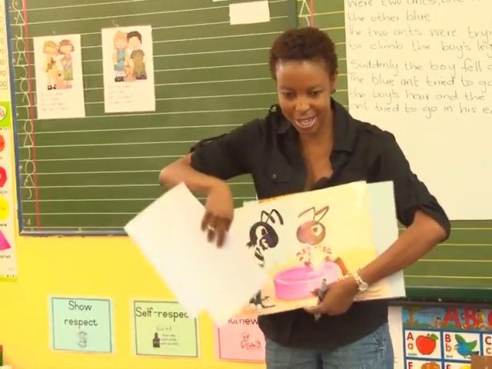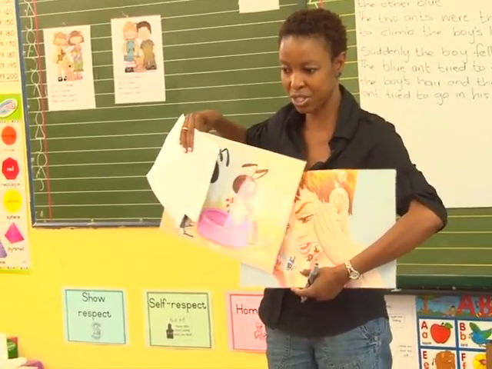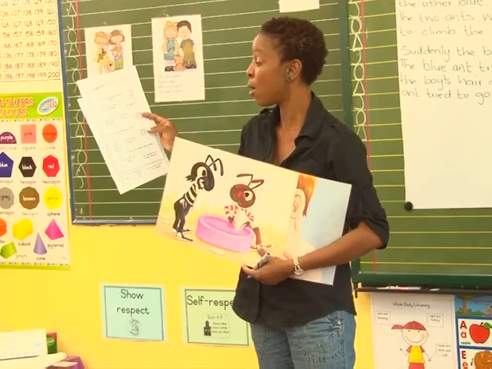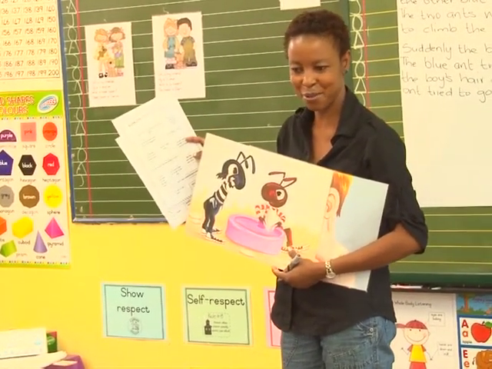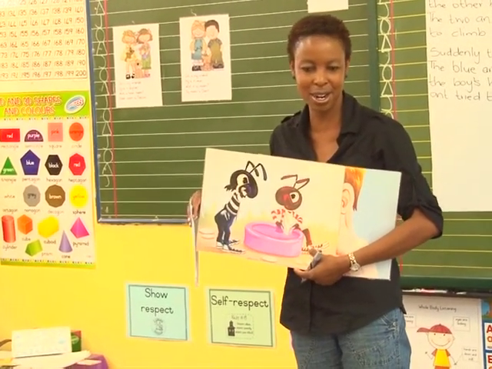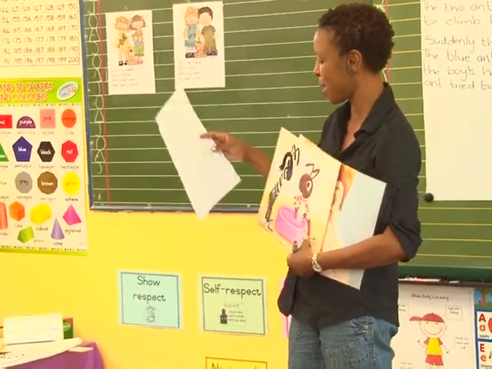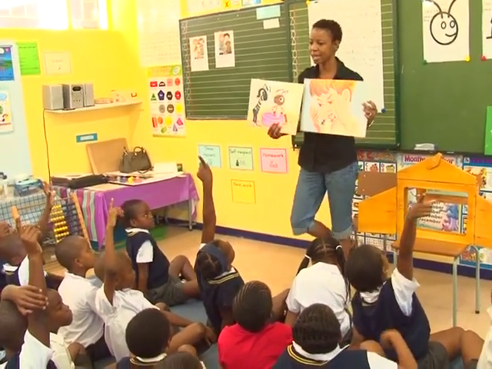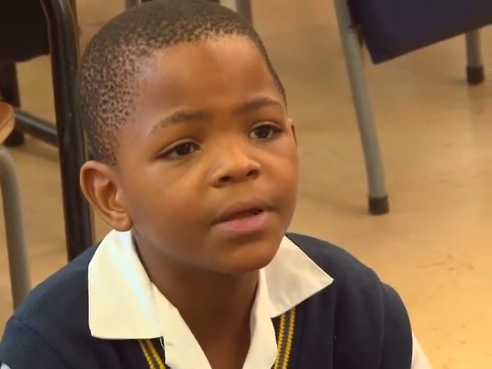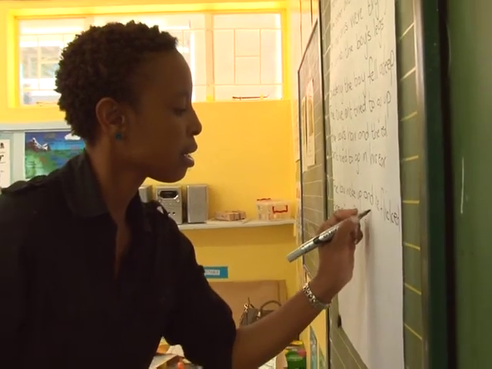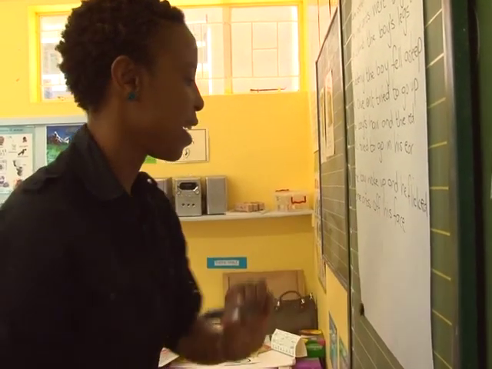Obviously, you need to say something about the pictures before you can say, and that was the end of that, right? Or, our favorite, they lived happily ever after. Right. Now, let's hear the sentences for the ending. The boy woke up and he flicked the ants off his face.